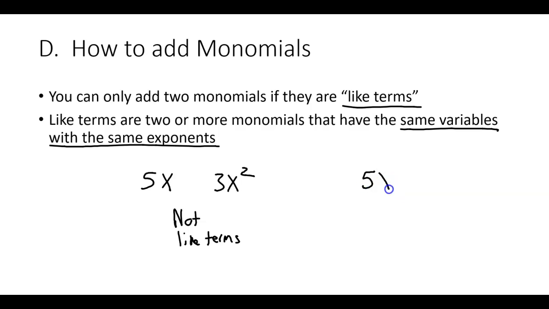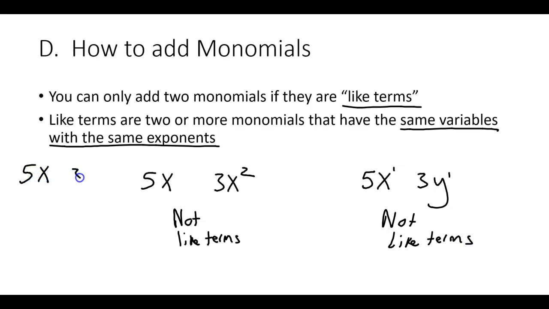Let's say I had 5x and 3y. Now they've got the same exponent on them, there's a 1 here and a 1 here, but they don't have the same variable. So that's not like terms. They would have to have the same variable with the same exponent to be considered like terms. So those are like terms, or maybe if they both had squares, they could be like terms.